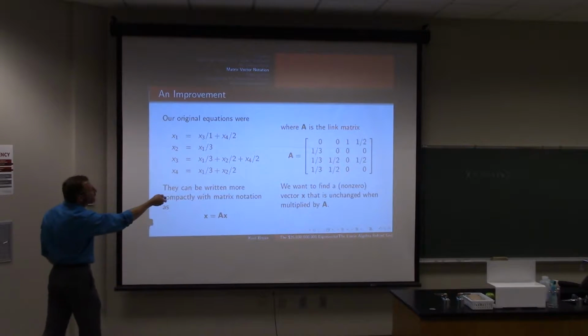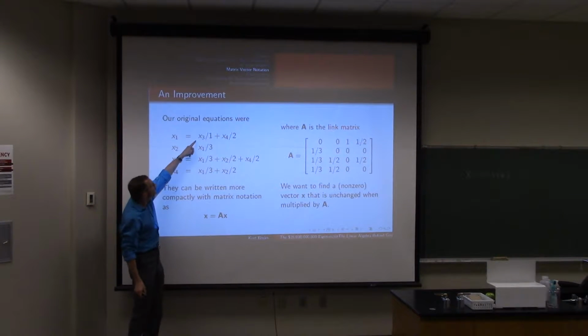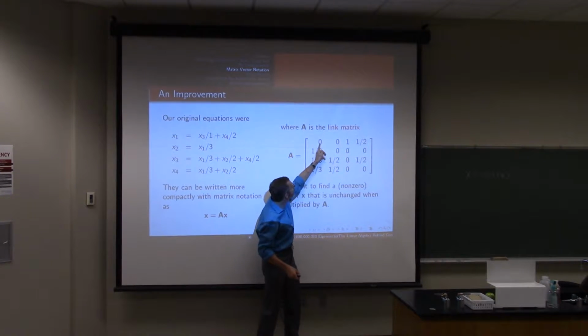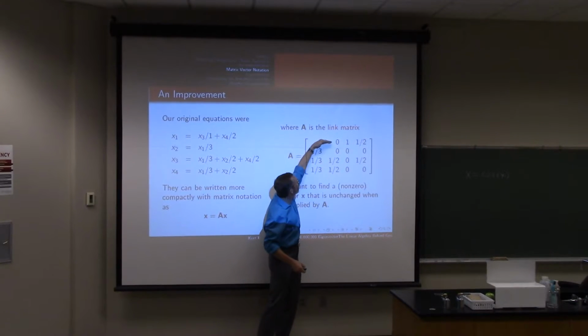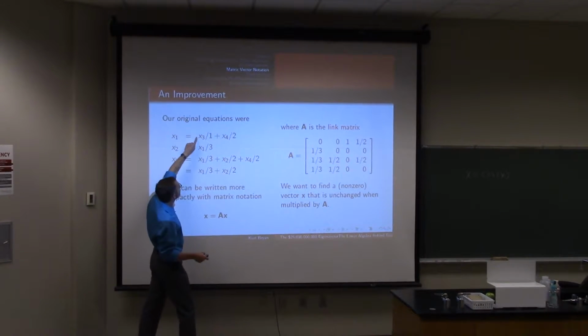And of course, why is the first row 0, 0, 1, 1/2? Because this equation is 0 x1 plus 0 x2 plus 1 x3 plus 1/2 x4. So you can think of this as the x1 coefficient, x2, x3, and x4. This row of the matrix embodies this top equation, this linear expression here.